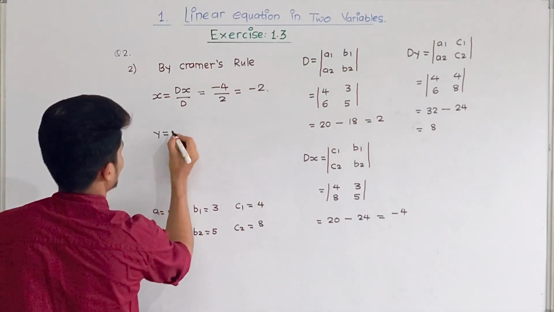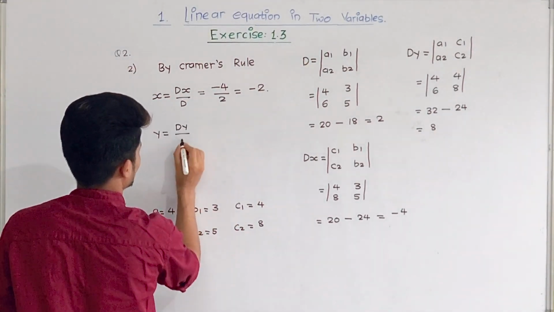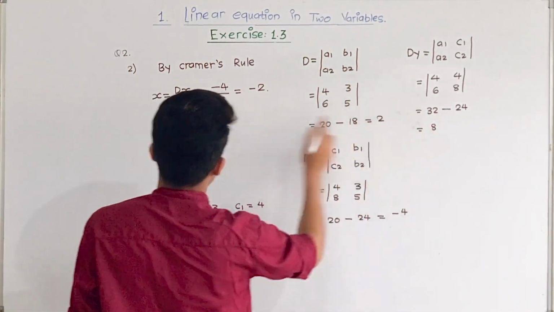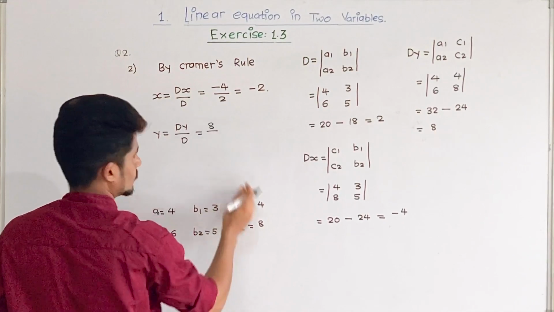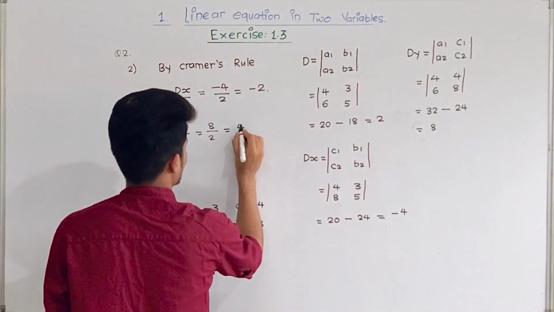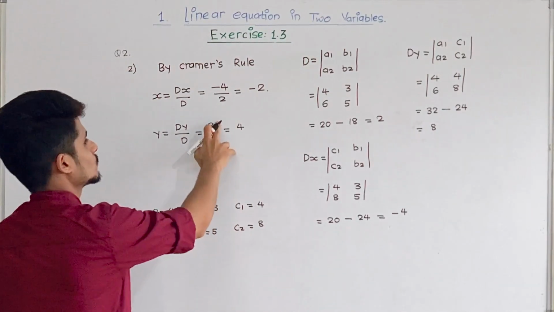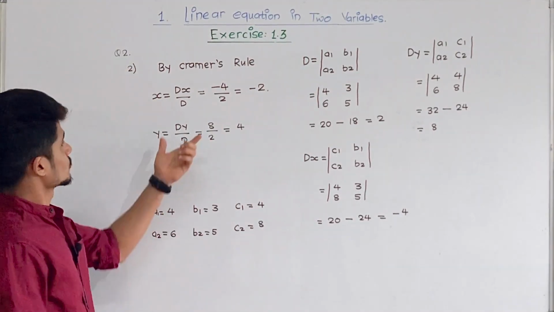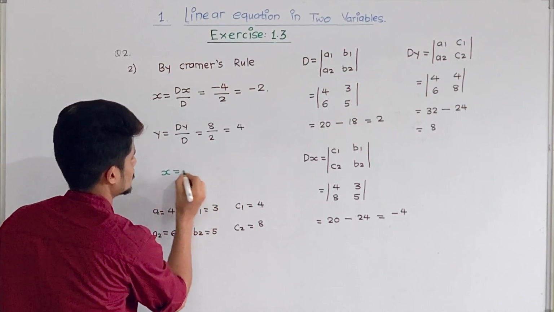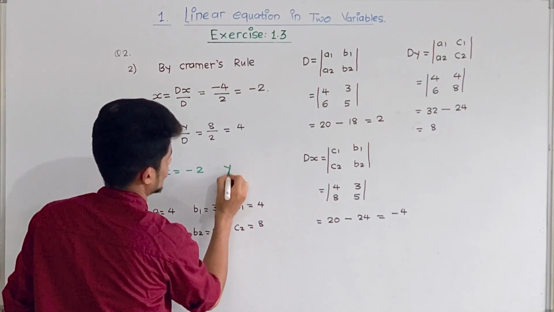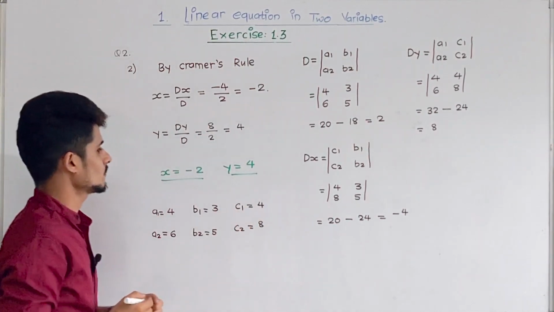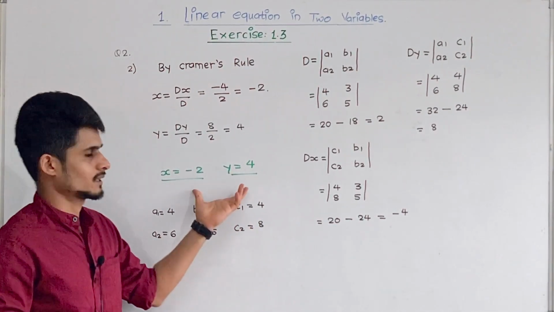Similarly, the value of y will be dy by d, that is value of determinant of y, 8, upon value of determinant, 2. So 8 by 2 is 4. 2 ones are 2, 2 4s are 8. So the values of x and y are, x is equal to minus 2 and y is equal to 4.